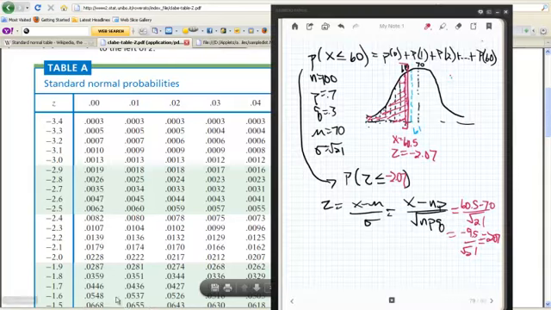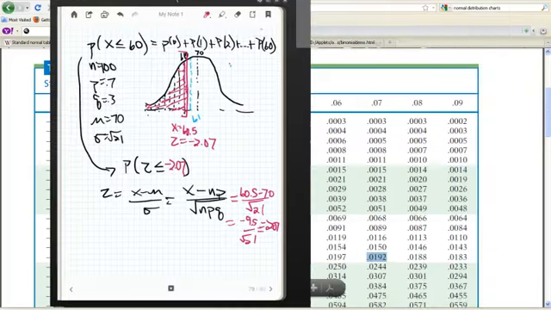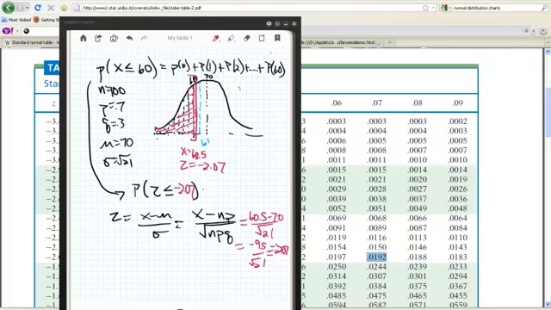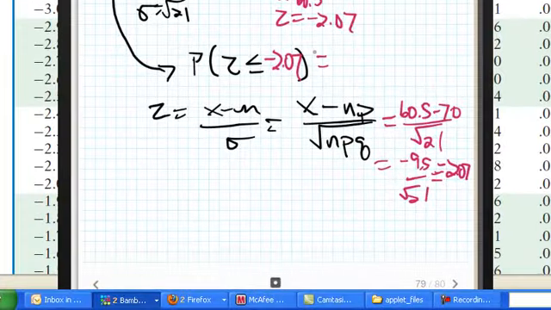Hey, look at that. The probability of getting less than or equal to 60 cars out of the 100 is approximately, because remember this is an approximation, 0.0192. So on average, you can expect about 192 out of 10,000 of those cars to order less than or equal to 60 Big Macs.